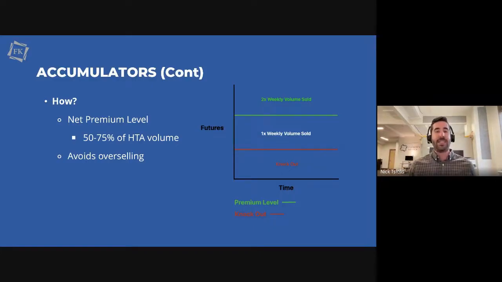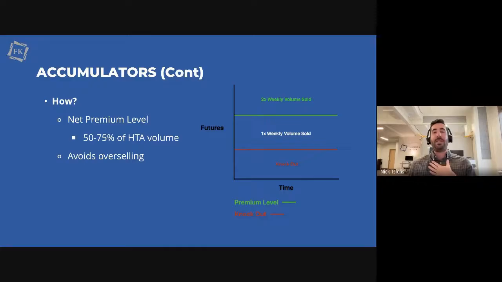We always ask and say, hey, you can get an accumulator that will net you futures today, let's say $1 above the market in this example. So if the market was at $11 today instead of $10, how many bushels would you sell on an HTA? And you might say, keeping consistent here for easy numbers, man, Nick, if the market was at $11 today, I would do an HTA for 100,000 bushels.